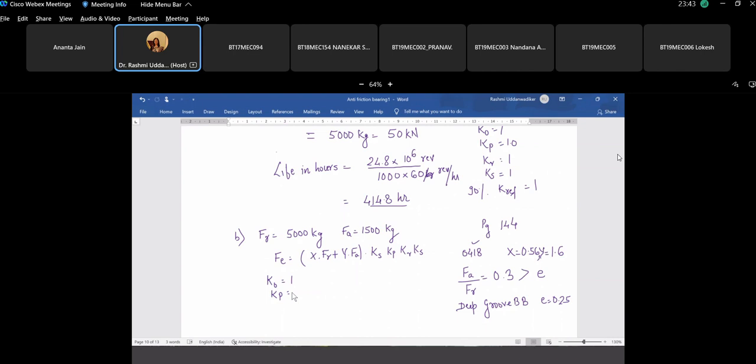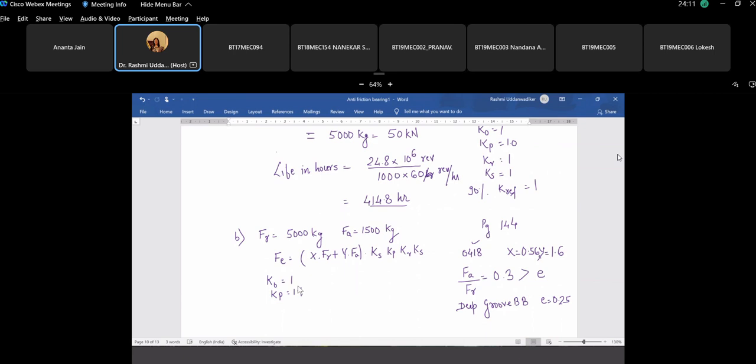So for preloaded bearing, what is the value for Kp? Amir? In the range of 1.05 to 1.2. We have to select some value. Should we go with 1.1?